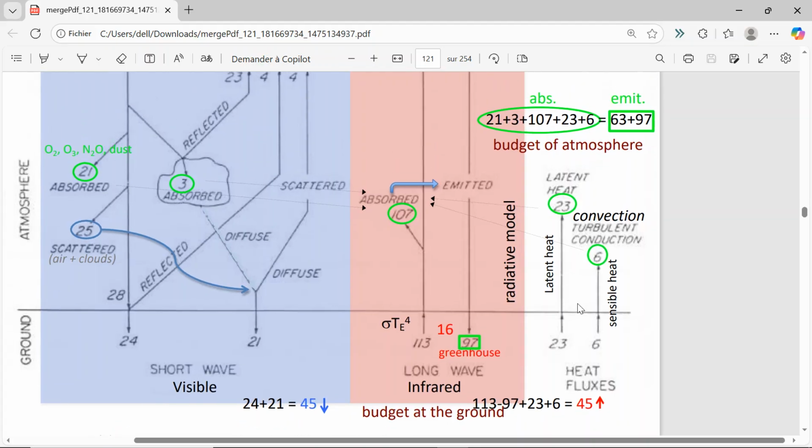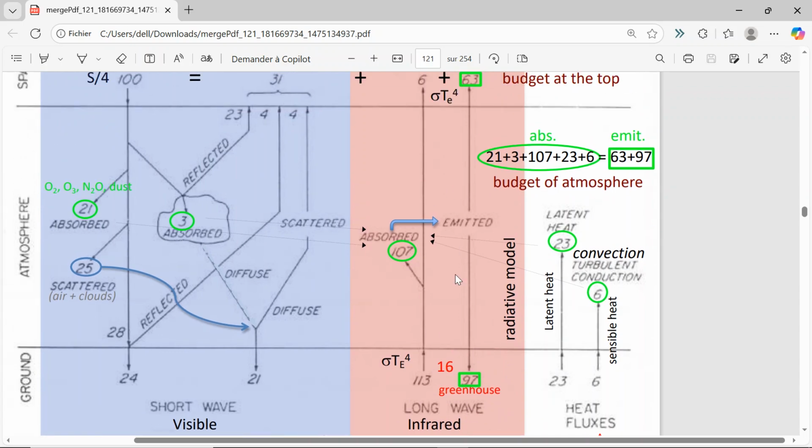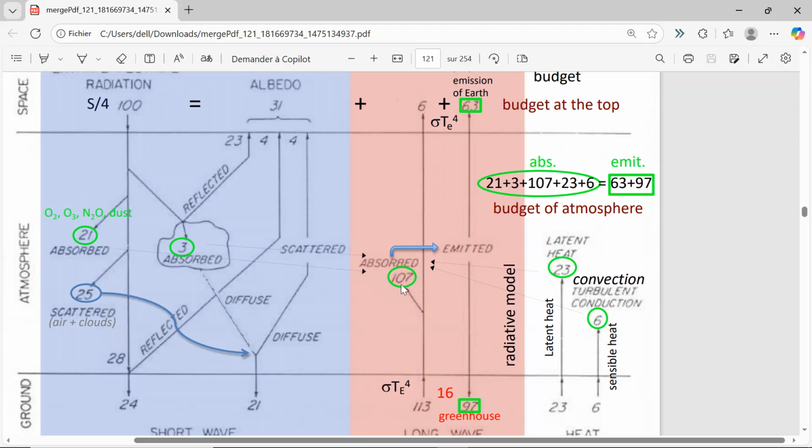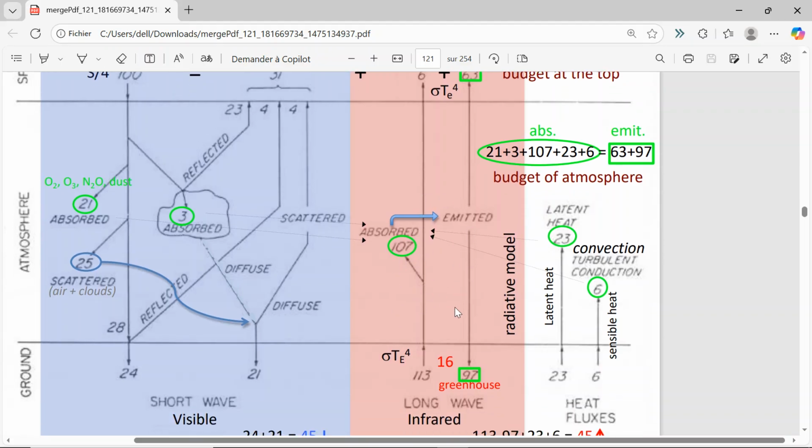It emits a lot. It emits 113 units in the infrared domain, and from those 113 units, 107 are absorbed. Okay. To the 107 absorbed, you can add the ones that were absorbed in the visible, 21 plus 3 plus 107 plus 23 plus 6.